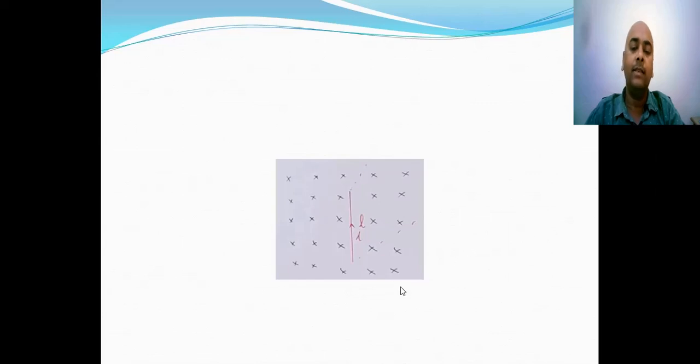Next, let us suppose a conductor of length L carrying current I is placed in a magnetic field. Our aim is to calculate the force experienced by the conductor in the magnetic field.